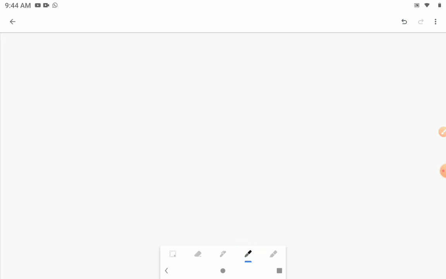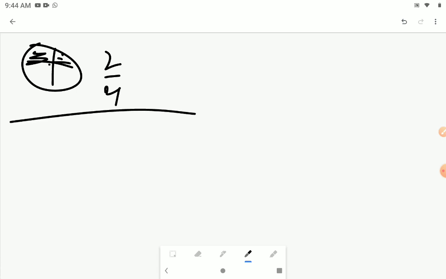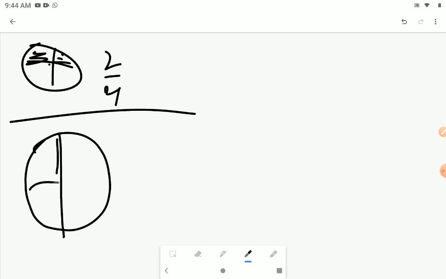If I say there are two colored pieces, your fraction will be 2/4. But I have not taught you what to do if the fraction is 3/4 and you have to draw the image.